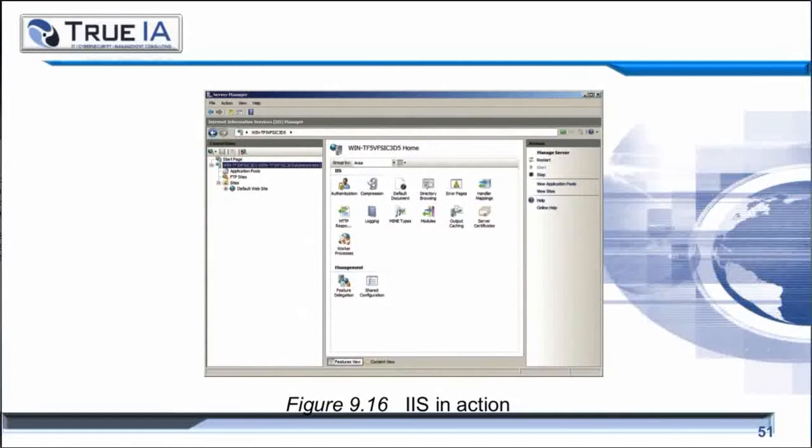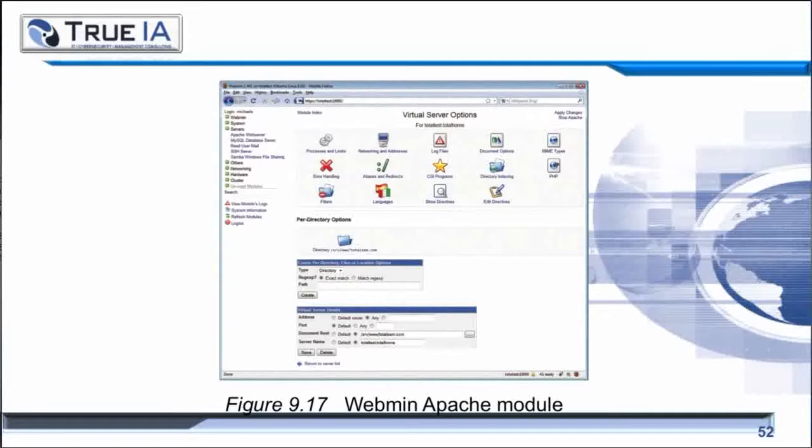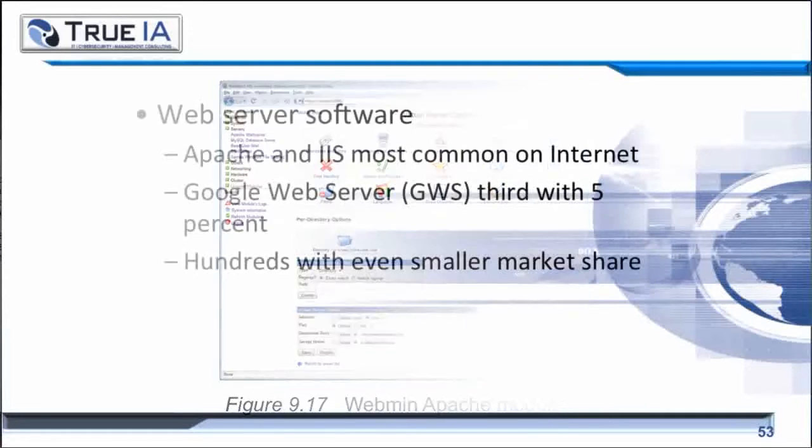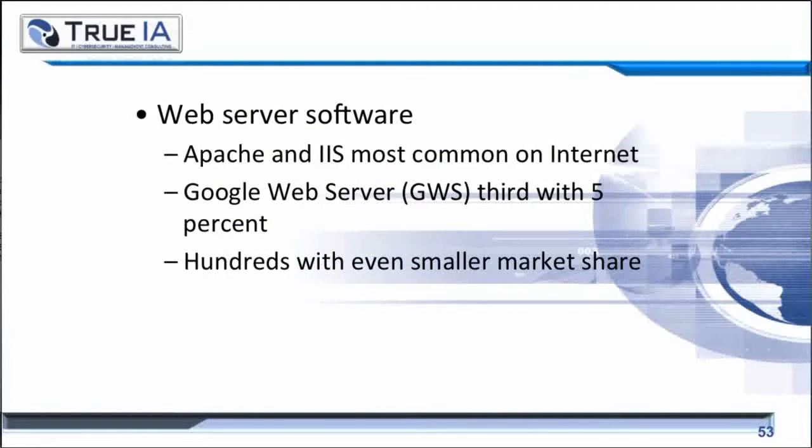Here's a look at a Windows IIS application. And here's a look at an Apache web server. While Apache and IIS are the most common on the internet, there are others, like the Google Web Server, GWS. It is third with a mere 5% of internet usage.